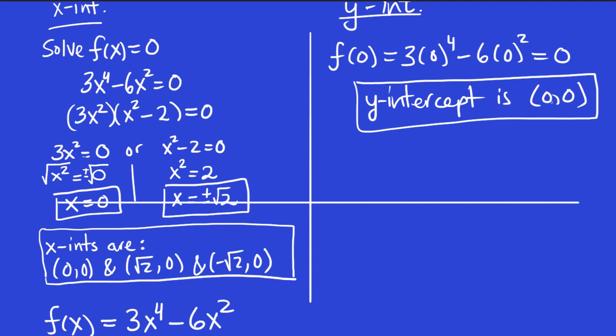So our intercepts were at 0, 0 and root 2, right? And minus root 2. So this is 0, 0. Why don't we say root 2 is right here? And then minus root 2 would be here. So we definitely know the graph goes through these 3 dots.